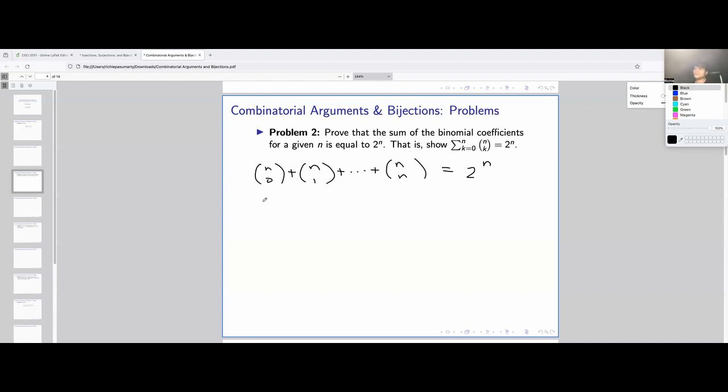Well, 2 to the power of n, we can imagine this. If I have a set of size n, 2 to the power of n is the number of subsets.